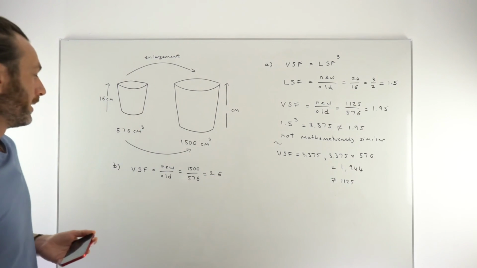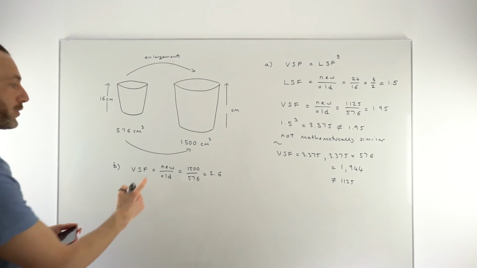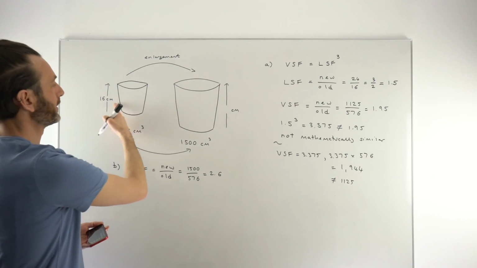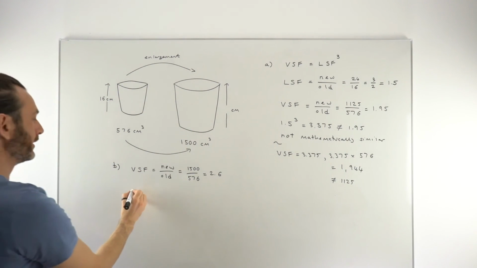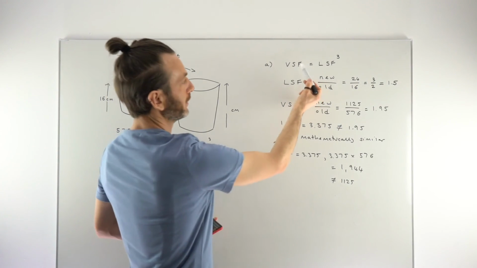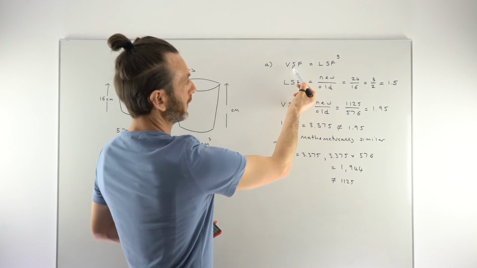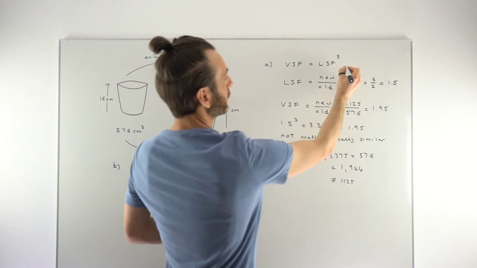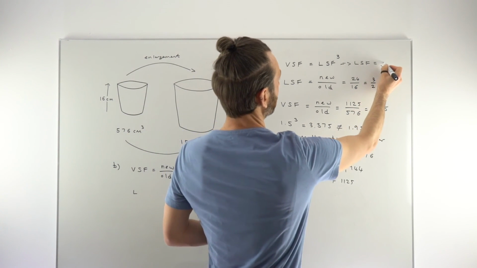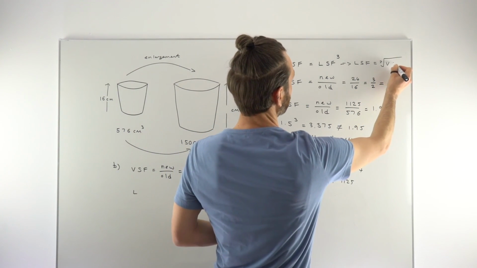But remember, the volume scale factor just compares volumes, but we now want a scale factor to compare lengths. We want the linear scale factor. The linear scale factor cubed is the volume scale factor, but it's the other way we're going here. So this would imply that the linear scale factor is equal to the cube root of the volume scale factor.